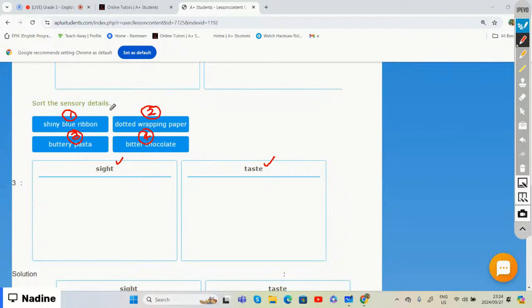If we look at the first one, a shiny blue ribbon. Is that something that you can see or something that you can taste? All right, then yes, we will say the shiny blue ribbon is something that you can see.